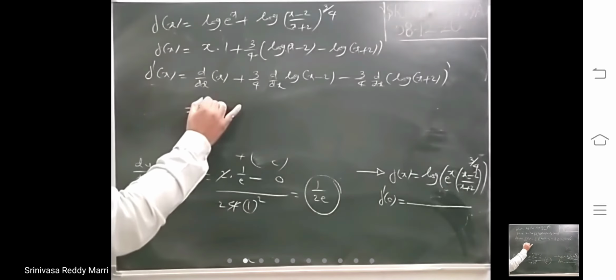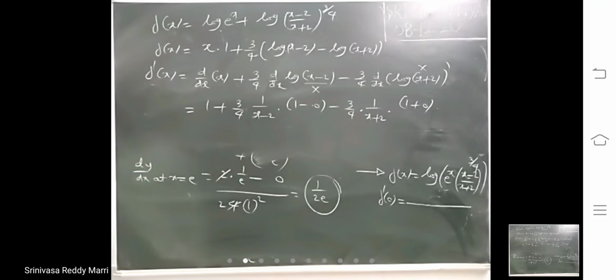So this is 1 plus 3 by 4 into, this is capital X, log x is 1 by x into the derivative of x minus 2, 1 minus 0, minus 3 by 4 into, this is capital X, log x is 1 by x into the derivative of x, which is 1, and the derivative of 2 is 0.